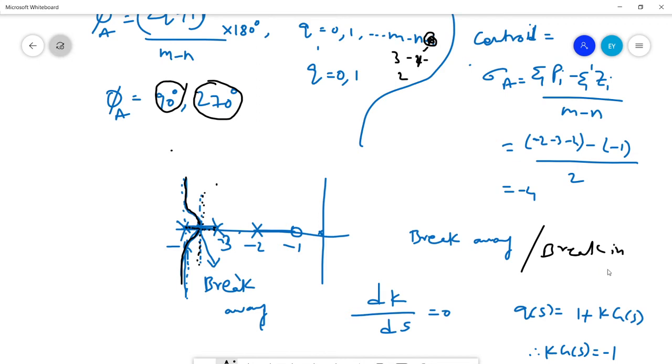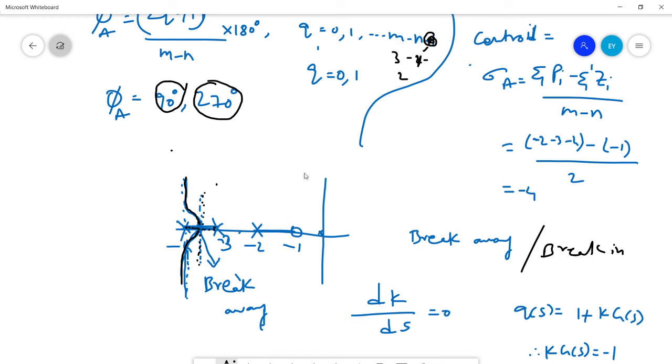The breakaway point is the point at which the two poles on the real axis will be breaking the real axis and going away towards 0. Break-in point is where you have zeros at infinity or at a complex value, and you have a zero to end on the real axis, where you need to use the break-in point.